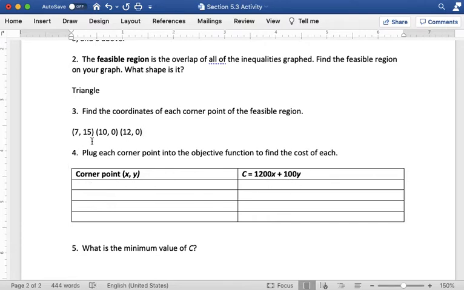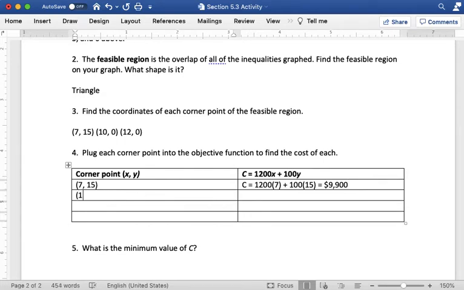So when I'm looking at these answers, this first answer of (7, 15), that represents that I'm renting 7 buses and 15 vans. So I'm going to plug that into the cost formula. So that's going to be 1,200 times 7 plus 100 times 15. And do that on my calculator. I should get $9,900.